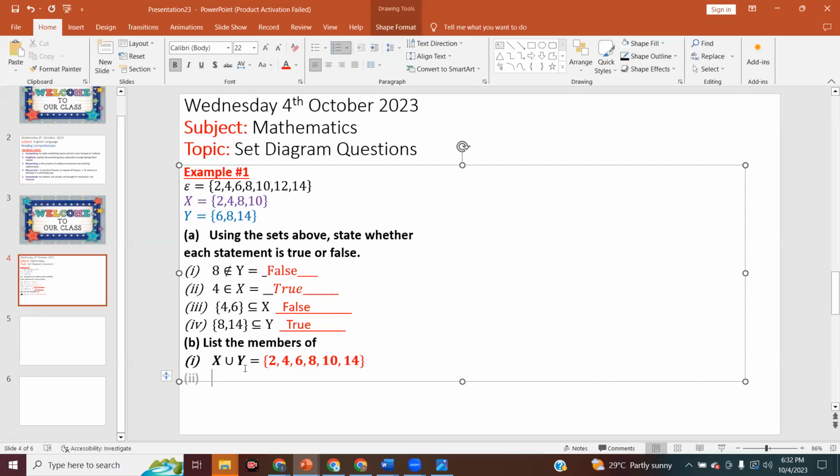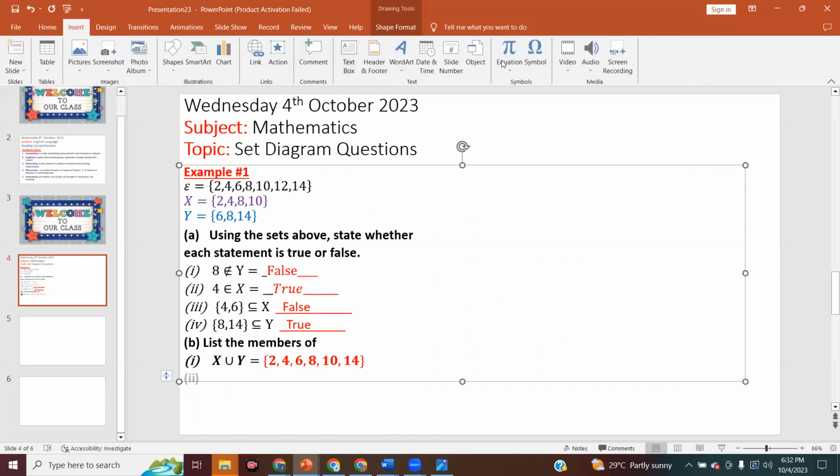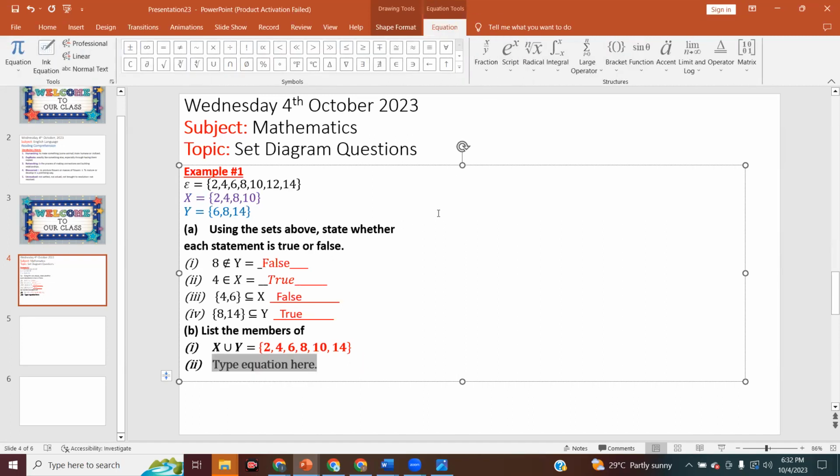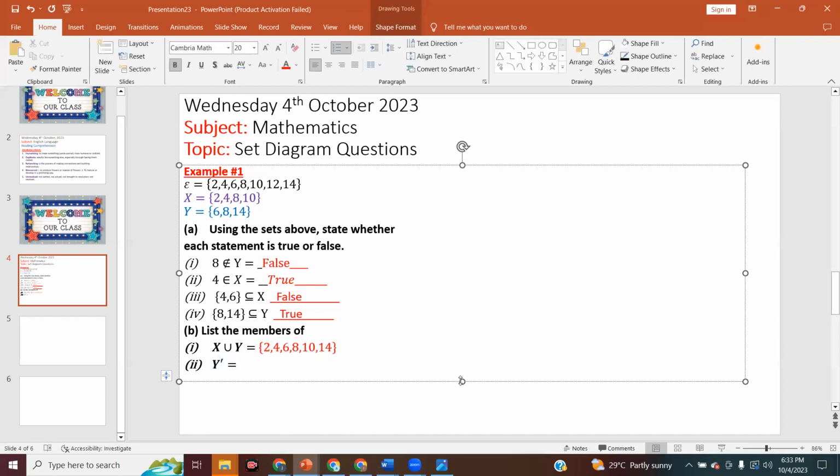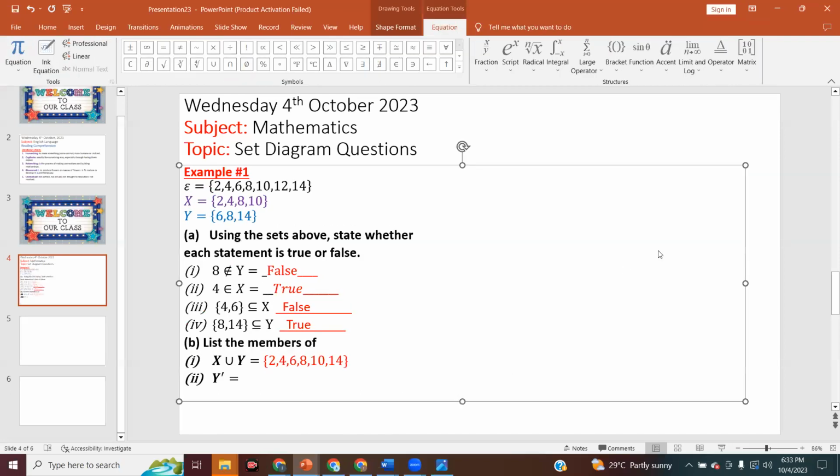Now the next one that we want, and for this one you have to be very careful and pay close attention, is Y prime. Put your answers inside the chat for me, please. What is Y prime or Y complement? I want all elements in Y complement.